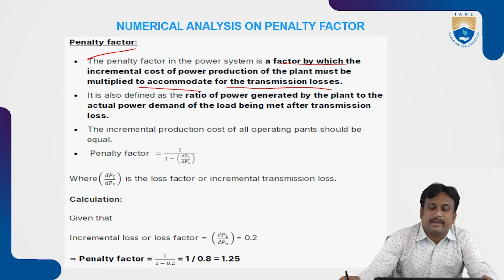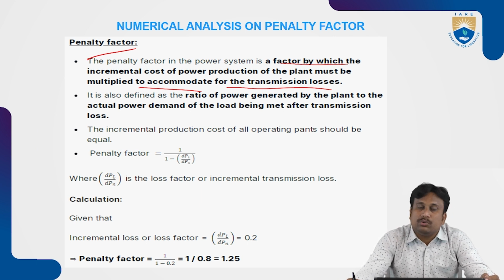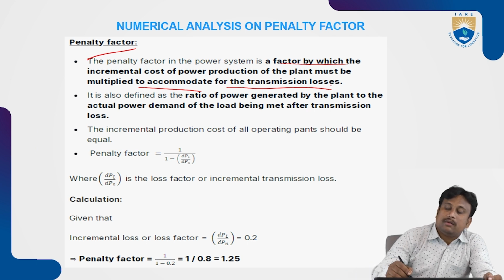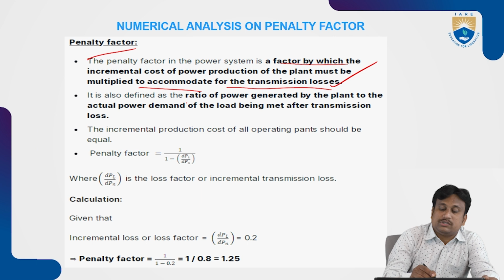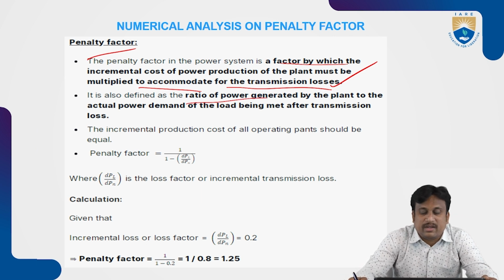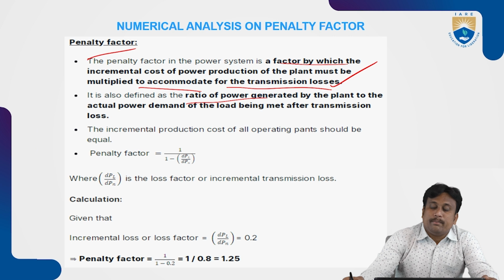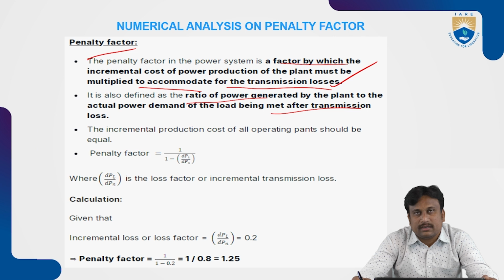That means the incremental cost of production of the given plant must be multiplied to accommodate the transmission losses. It is also known as the ratio of power generated by the plant to the actual power demand of the load being met after the transmission loss. Like that we may also define this penalty factor.